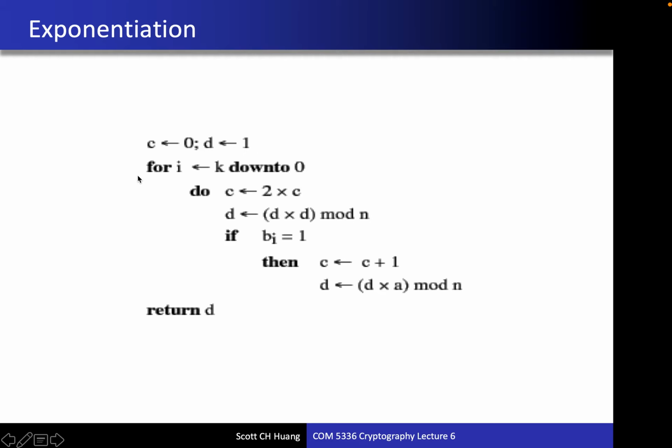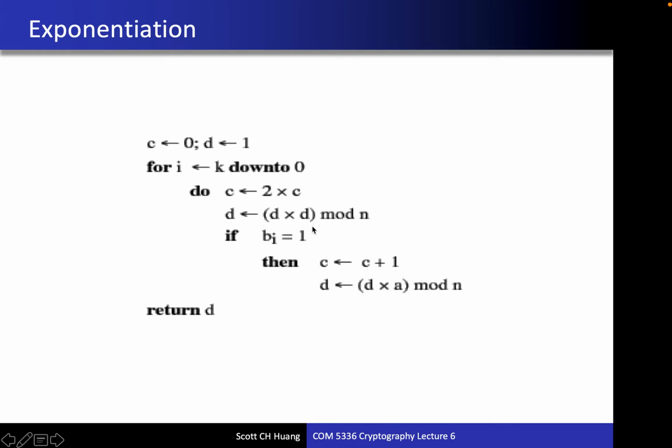Then for i going from k down to 0, we don't make any modifications here, but D times D, which is multiplication, on the elliptic curve is changed to point addition. So that will be D plus D, which is actually point doubling.